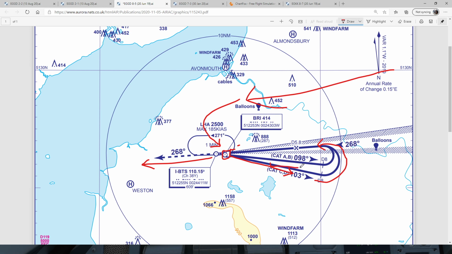And then we have to fly one of these two terminal procedures that you can see here, these weird little whisk sort of diagrams. Category A, B, C and D. And you can see the ILS localizer directional guidance there.